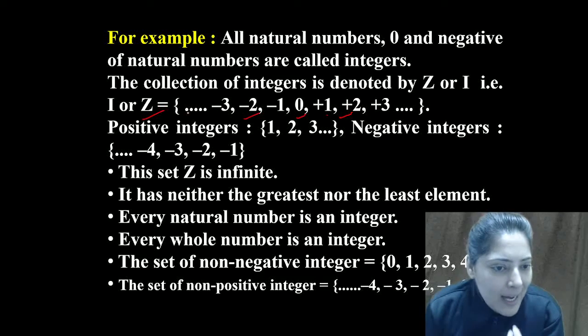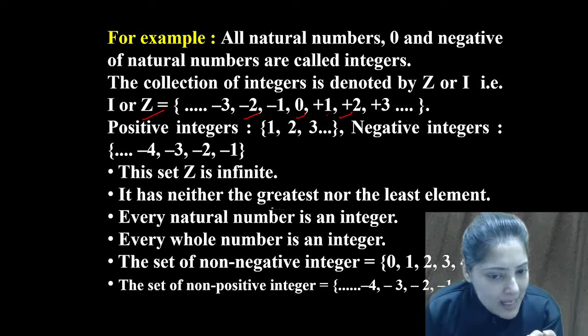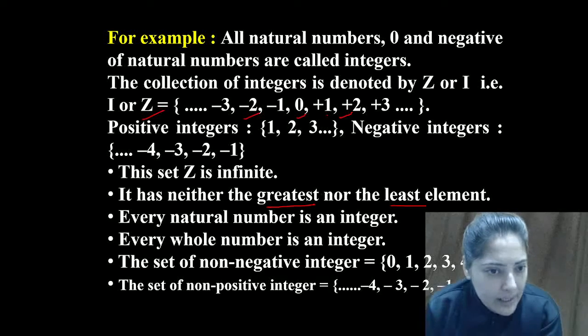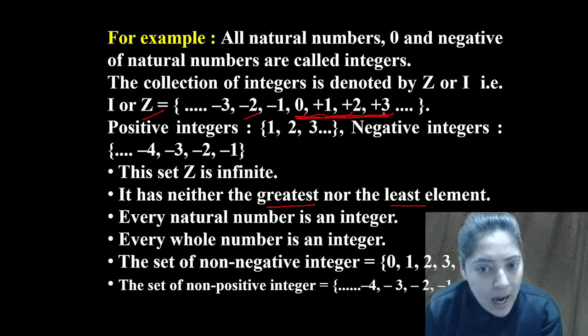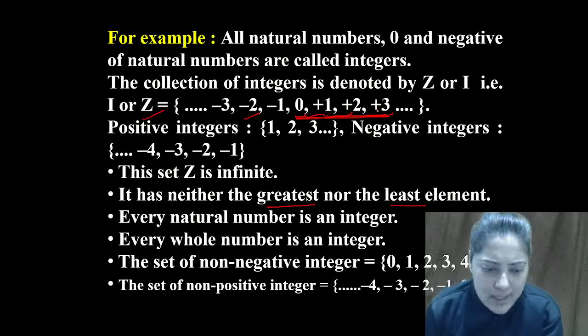So neither do we know the least element, nor does it have a greatest. ये भी माइनस इन्फिनिटी है और इन्फिनिटी तक जा रहा है. As I said, every whole number is an integer, क्योंकि whole numbers 0 से स्टार्ट होते हैं. तो whole numbers are a part of integers.